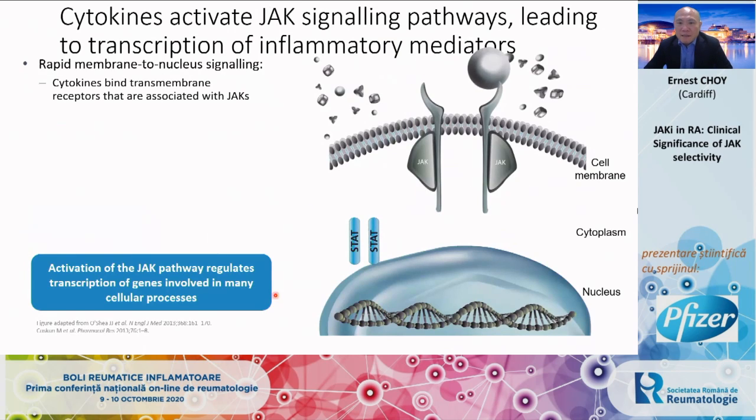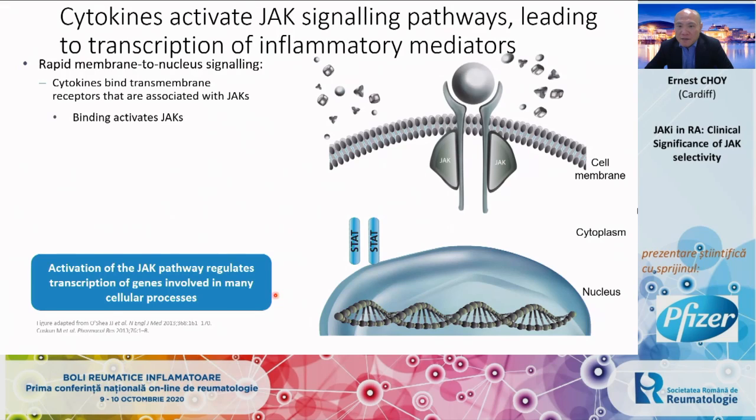So this little animation illustrates for you how the Janus kinase system works. When the cytokine docks onto the cytokine receptor on the surface of the cell, it brings together a couple of cytokine receptors. And by bringing them together, it also brings together a pair of the Janus kinases. Next click, please.